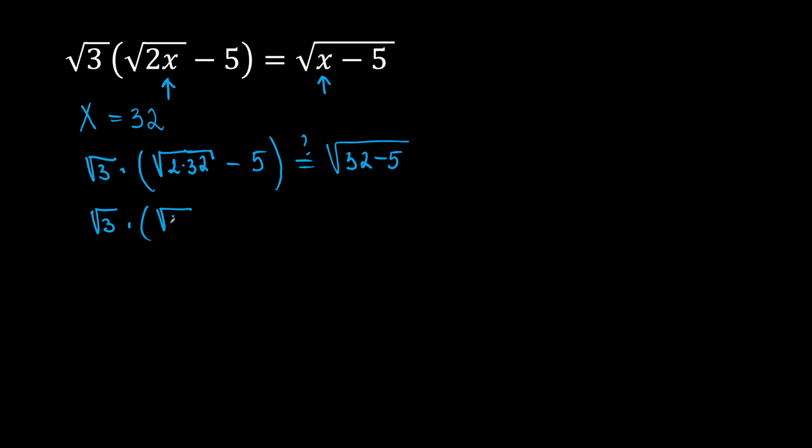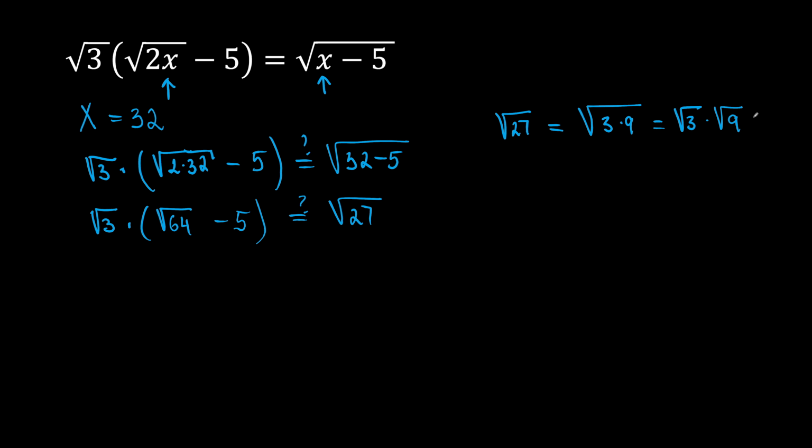So square root of 64 minus 5. Is it equal to 32 minus 5 is square root of 27. Let's look at square root of 27. What is it? We can write 27 as 3 times 9. We can write this expression as square root of 3 times square root of 9. And we know what square root of 9 is. It is 3. So we can write this as 3 square root of 3.